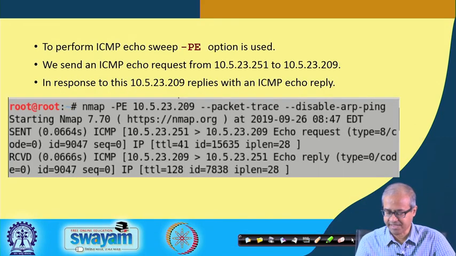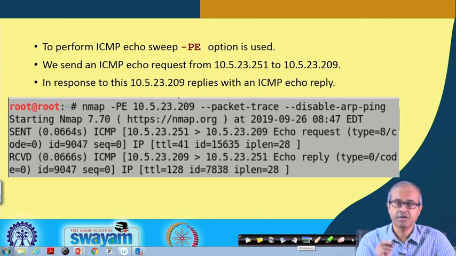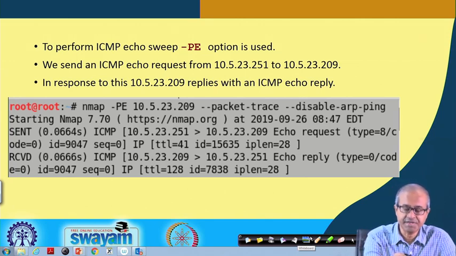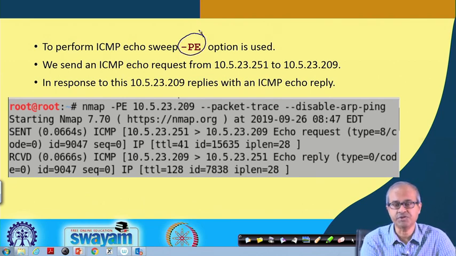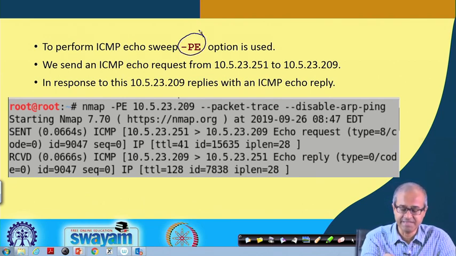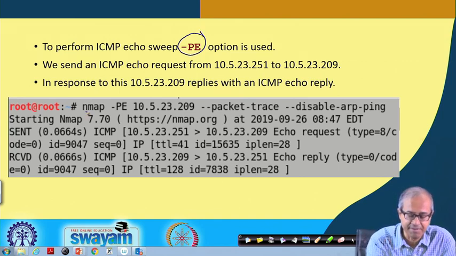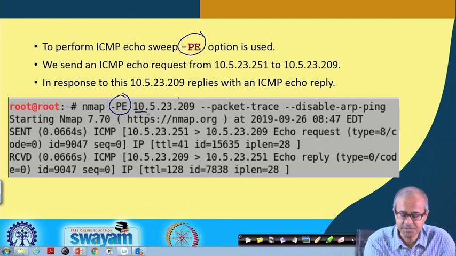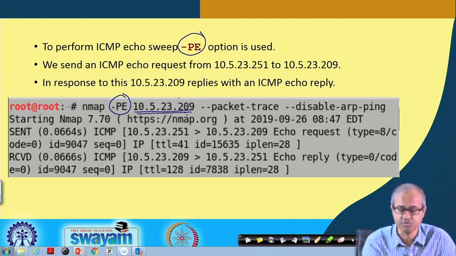So, here we have an example. To carry out this ICMP echo sweep, you will have to use the -PE option with your nmap command. In this example, you see we have given nmap -PE, then we specify the IP address of the host.